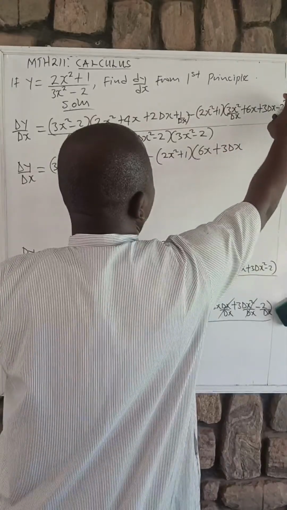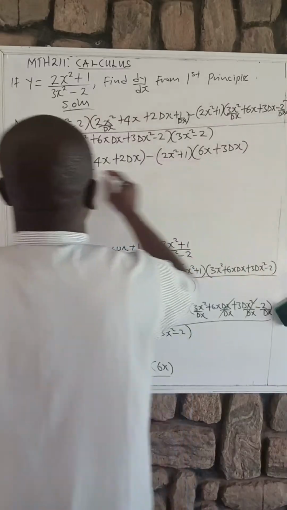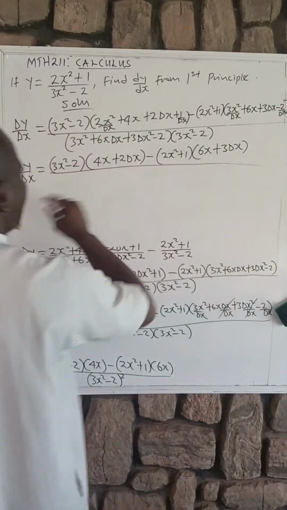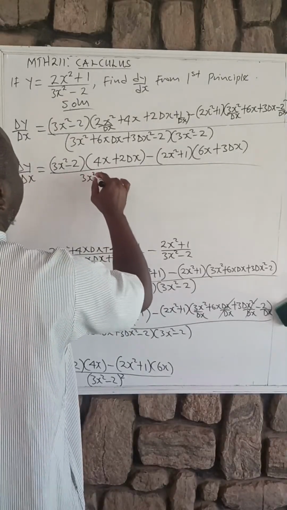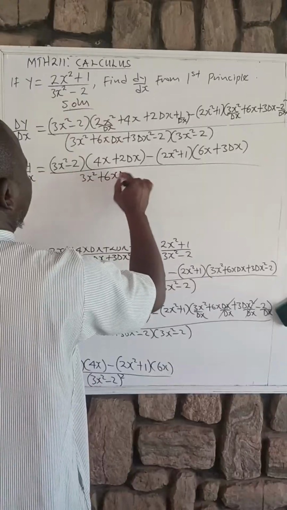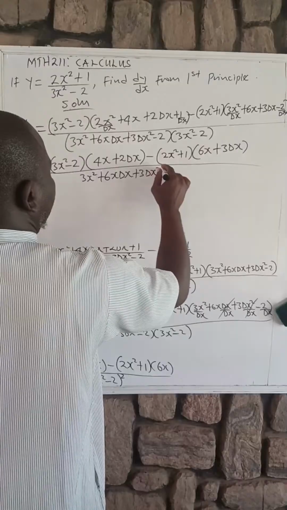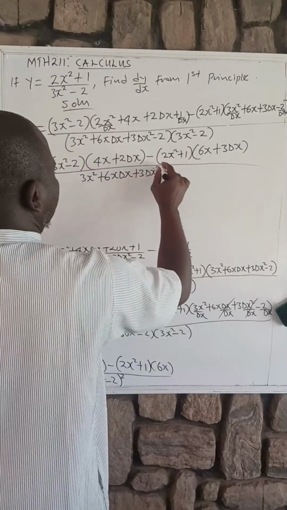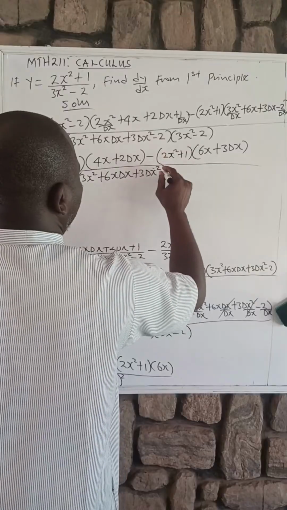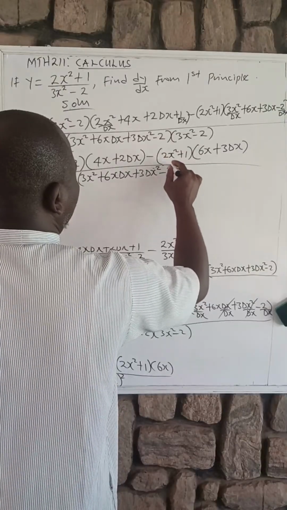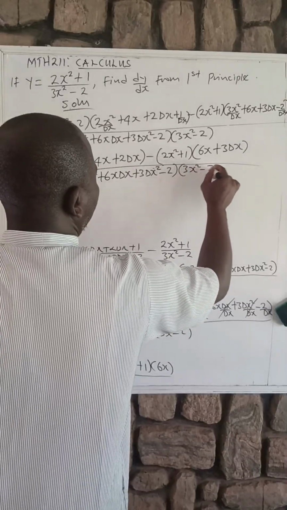Then here 2 is 0 because of 2 all over dx. Then all over 3x squared plus 6x dx plus 3 dx squared minus 2, right? Times 3x squared minus 2.